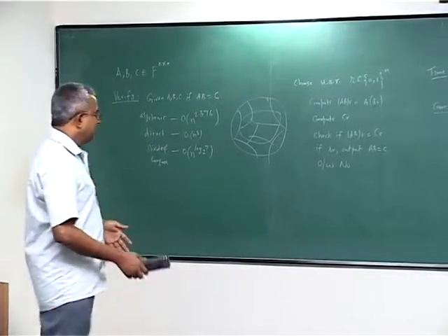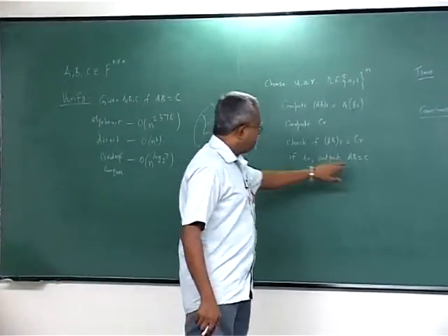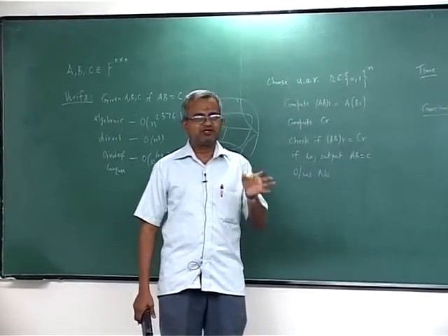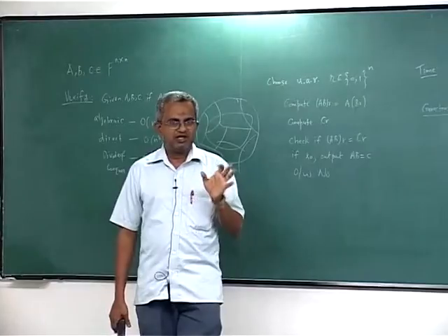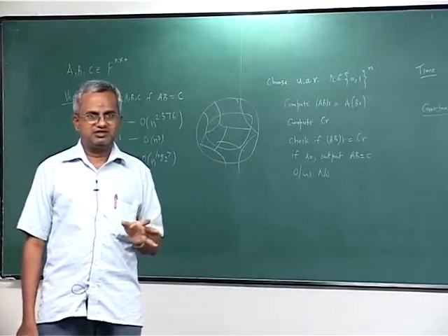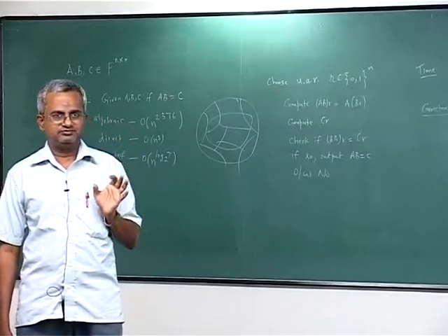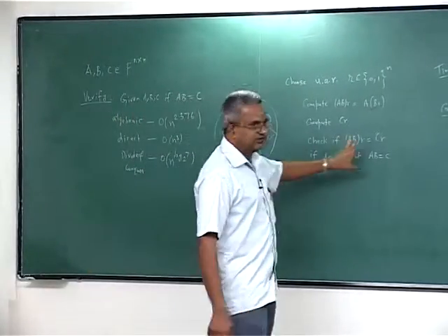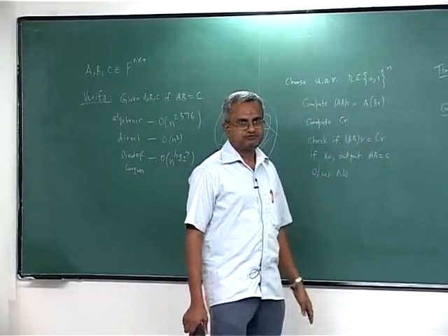The only catch is that when AB is not equal to C, you cannot take the answer as it is given. You have to accept it only with some confidence. You know that it is likely to be false with probability at most half. You have to be aware of that. Otherwise, it gives you a correct improved algorithm.